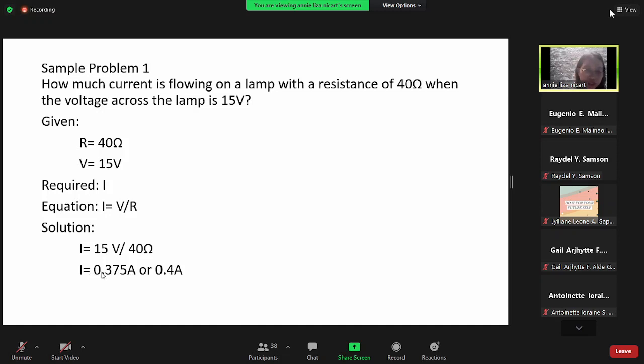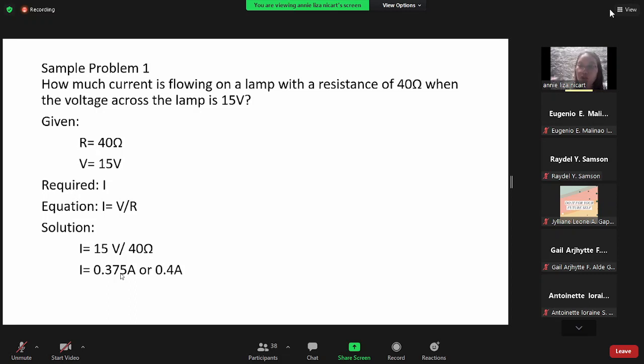How many significant figures does 0.375 have? 3. It has 3 significant figures.